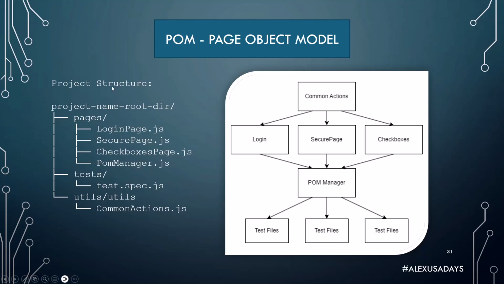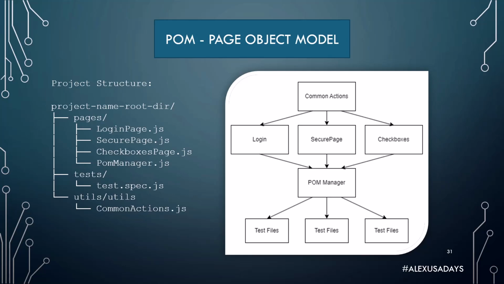So let's understand the project structure we're going to implement for the POM. We will open a new directory, and that's going to be our root directory. Within that, we will have a pages folder, and in the pages folder, we'll have 4 files. Login page for our login, that's going to have a login object.